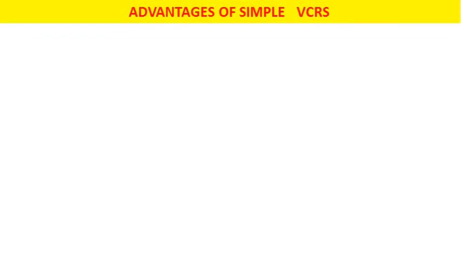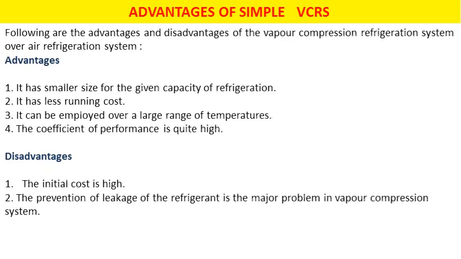What are the advantages of simple VCRS? Following are the advantages of simple VCRS. Number 1, it has smaller size for the given capacity of refrigerant. Number 2, it has less running cost. That means the running cost of the simple VCRS is very low. Number 3, it can be employed over a large range of temperature.